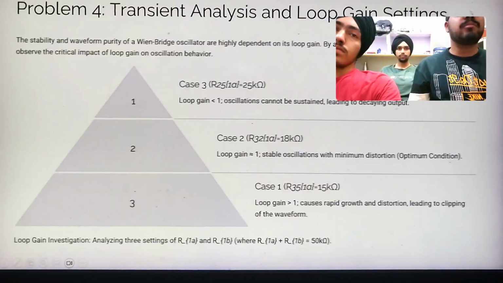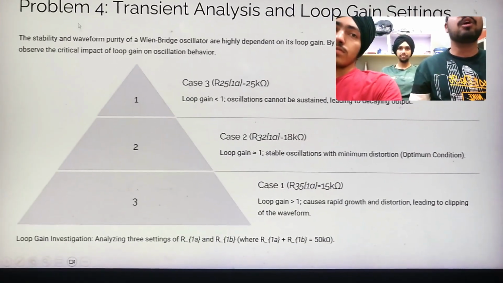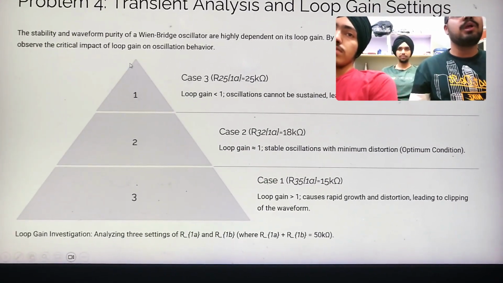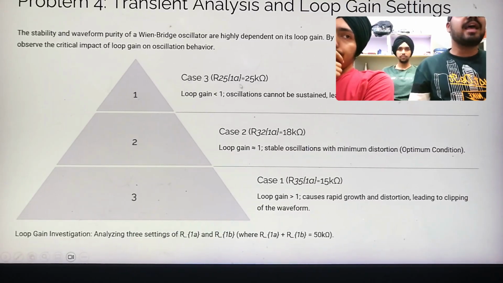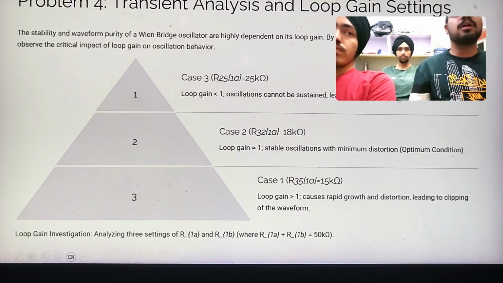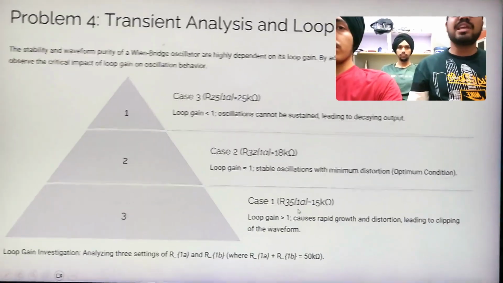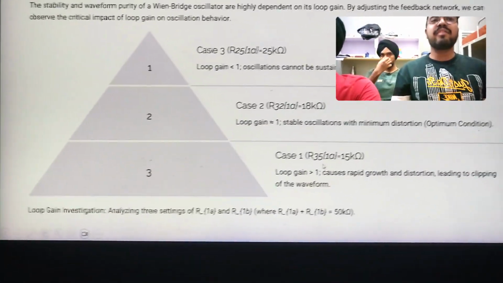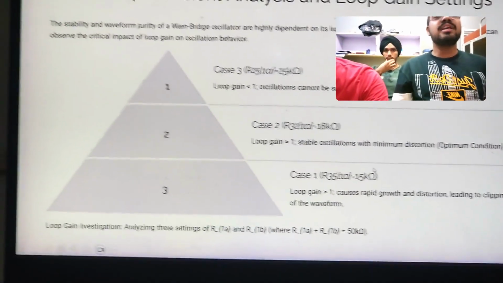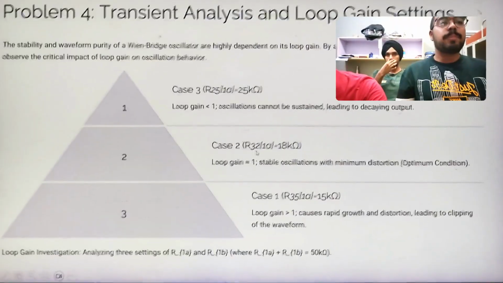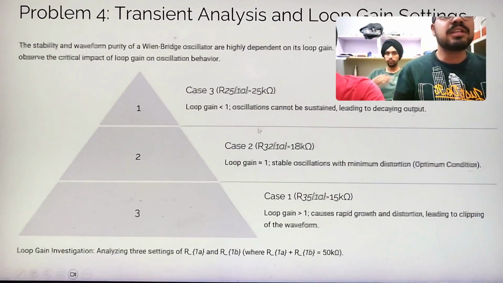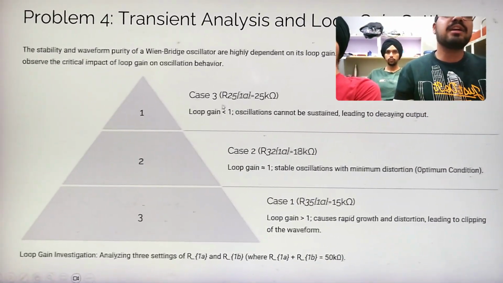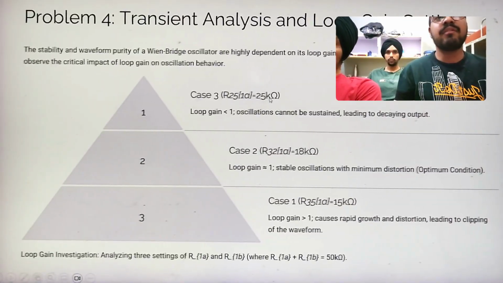By adjusting the feedback network, we can observe the critical impact of loop gain on oscillations. As we see in this diagram, we have three cases. The first case is when R1A is 35 and R1 is 15K. In the second case, R1 is 32 and 18, and in the third case, R1 is 25 and 25.